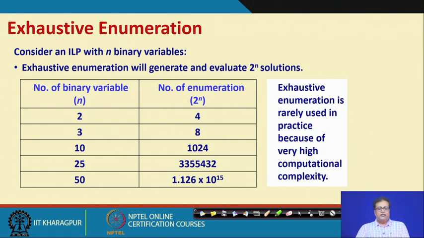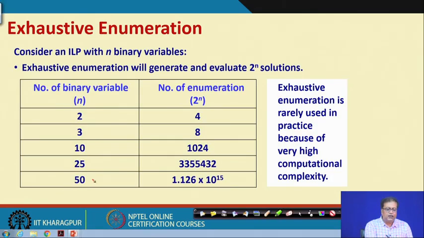If we had 10 variables, enumerations will be 1024. And if we had 50 variables, then the binary enumerations would have been 1.126 into 10 to the power 15. You can imagine it is a high number, right.